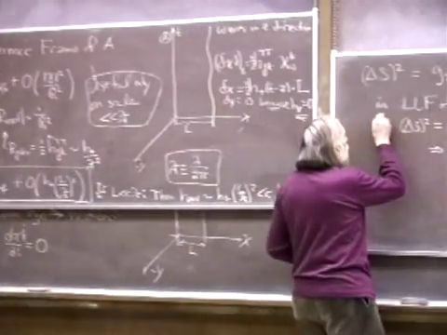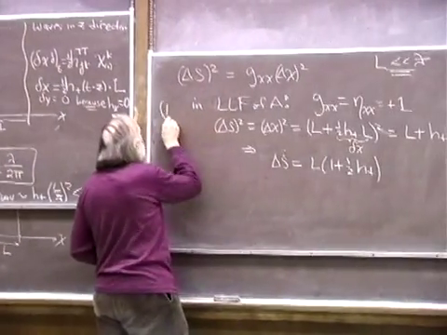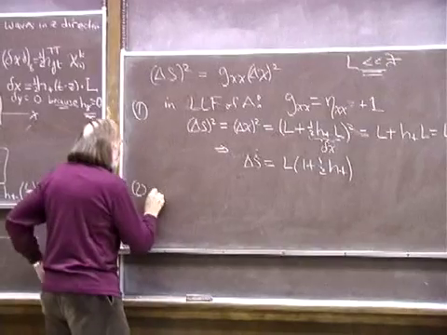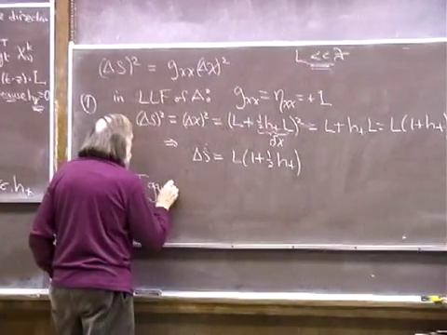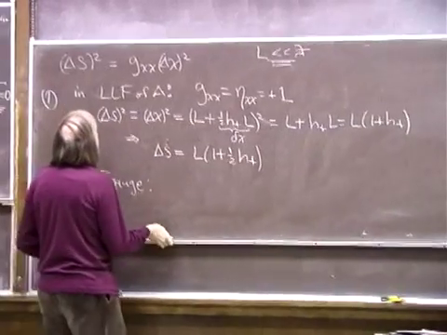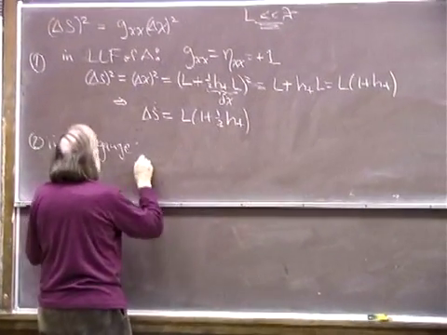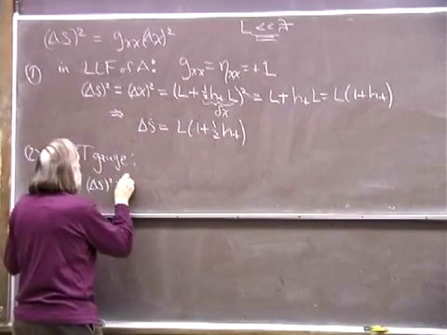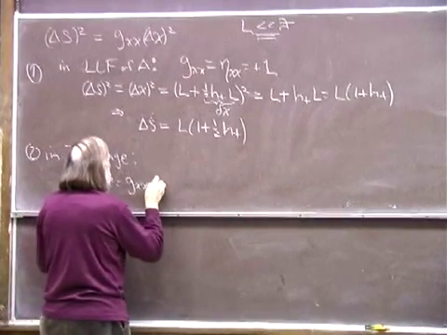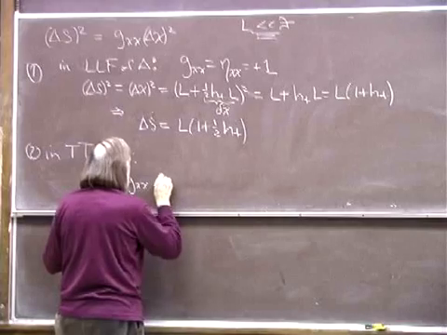So that's in the local Lorentz frame of A. In TT gauge, the separation between the two particles is delta s squared equals gxx times the coordinate separation.